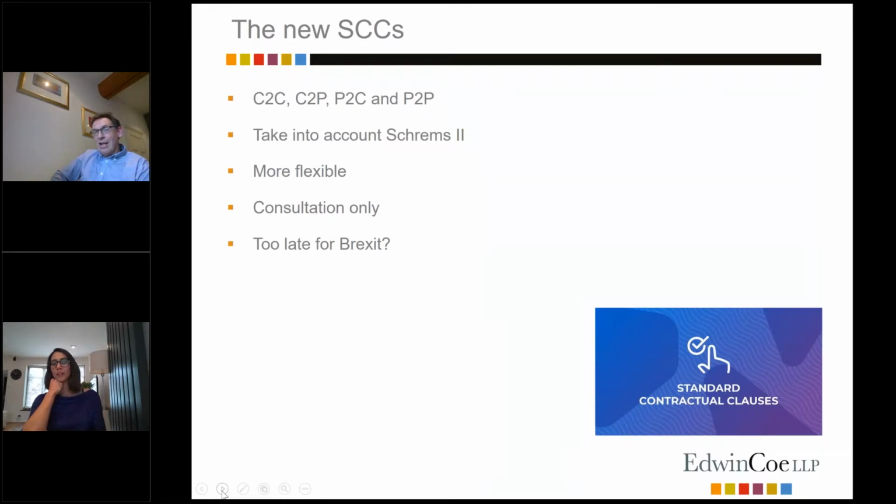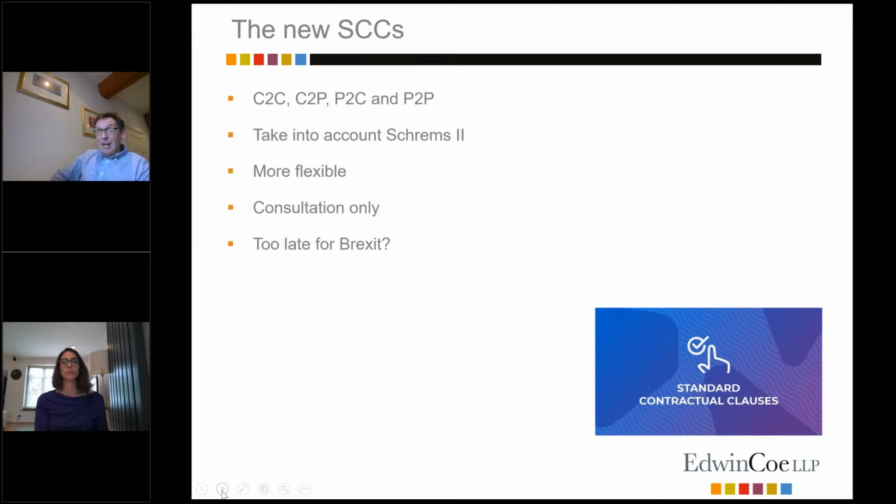And certainly that's the ICO's position, that you should be putting in place the old standard contractual clauses now, and then looking to update them once those new standard contractual clauses do become law. And I think I'm right in saying that it's likely that you'll have a year after those new standard contractual clauses come into force to adopt them, so to put them into place.